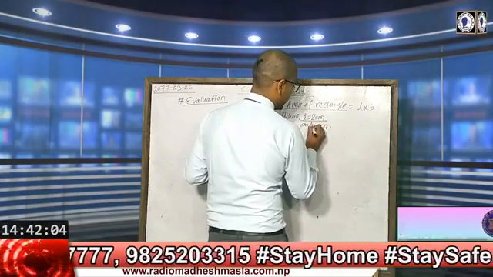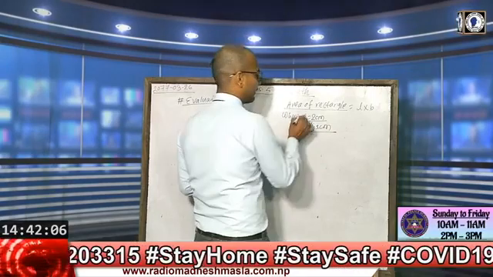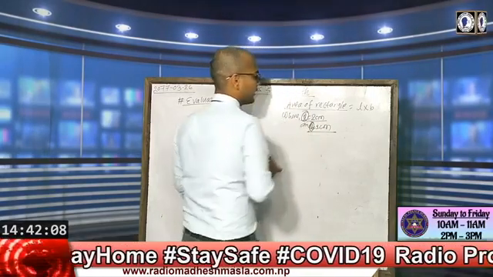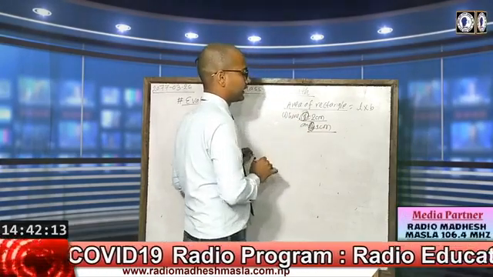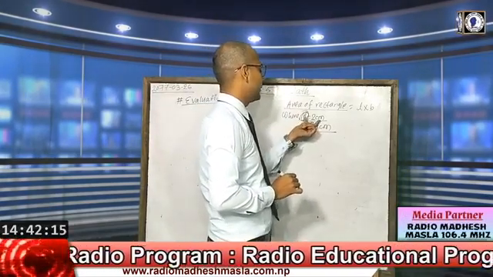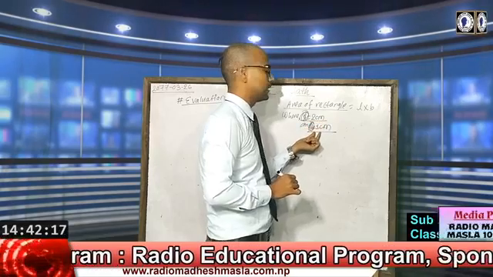L means the length of the rectangle and B means the breadth of the rectangle. So the length is 2 centimeter and the breadth is 1 centimeter.